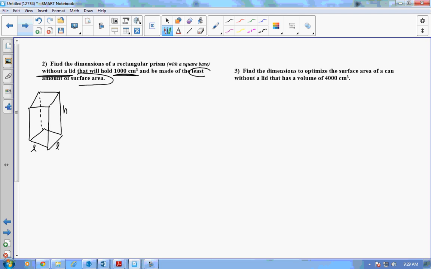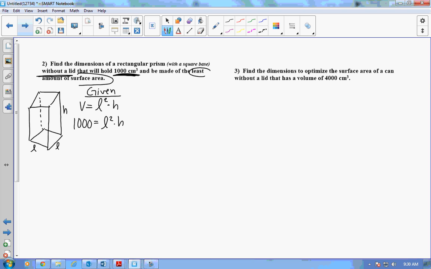Okay, so, what's our given formula? We're going to have a given and an optimized. Volume right here. It tells us centimeters cubed. So the volume of this normally is length times width times height, but our length and width are the same. So we can say L squared times height, because length and width are the same. They're both L. Everyone good there? Okay. And we know the volume is 1,000.